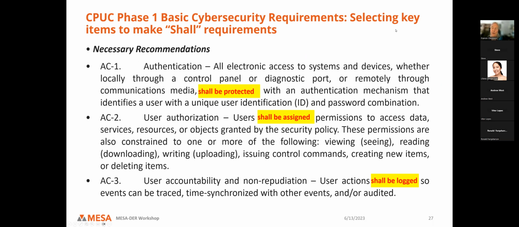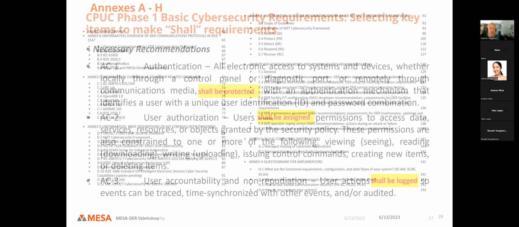And so what we've done is we've taken some of the key items from 1547.3 and changed the wording. For instance, authentication is not just is, it's shall be protected with authentication mechanism. And so turning these into shalls. Now, not all of what's in 1547.3 should be or ought to be turned into shalls, but this is what we're going through, and it can be a little hairy, but we're trying to work on it.